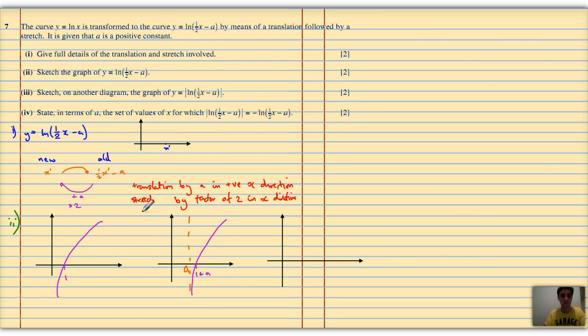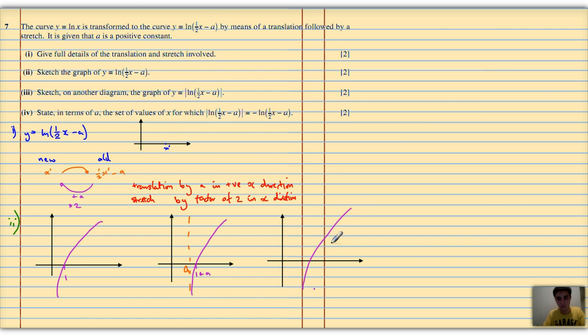The second transformation is a stretch by a factor of 2 in the x direction. So all the x values are going to be doubled. What was 1 plus a is now going to be 2 plus a, and what was a is now going to be 2a.